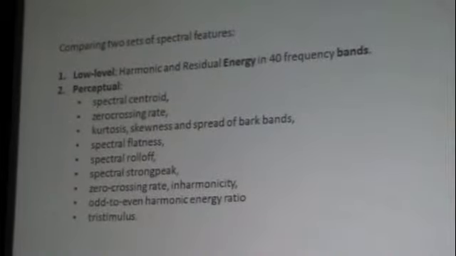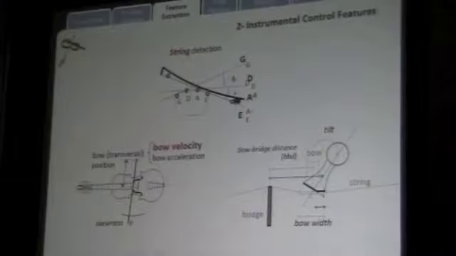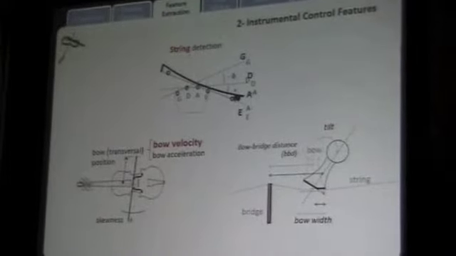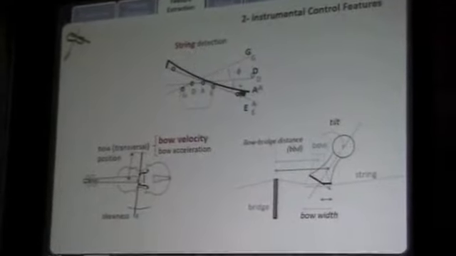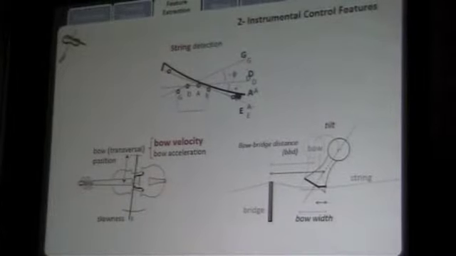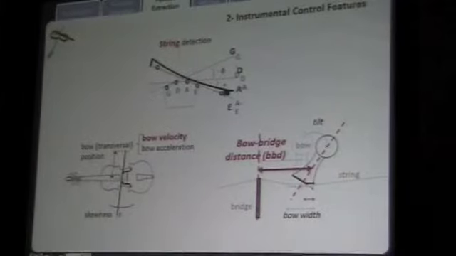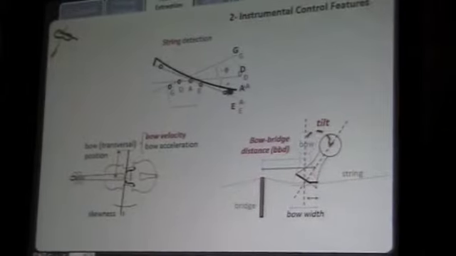As you will see in the results, the low level ones work much better. We are estimating bow velocity, which is the derivative of the bow transversal position. We're computing bow reach distance. And we are computing this angle, which is called the grid.